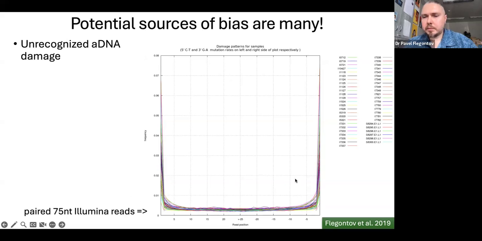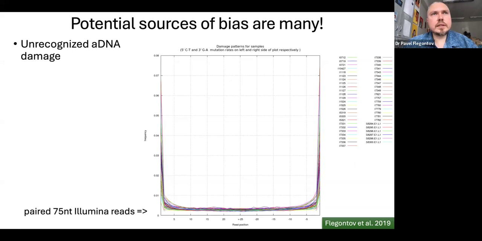Here, I'm showing a typical plot from our earlier paper published in 2019, where we plot frequency of these C to T or G to A mutations with respect to the human genome reference sequence at read ends from the left side and from the right side. And we see that there are very sharp spikes in frequency of deamination at read ends.